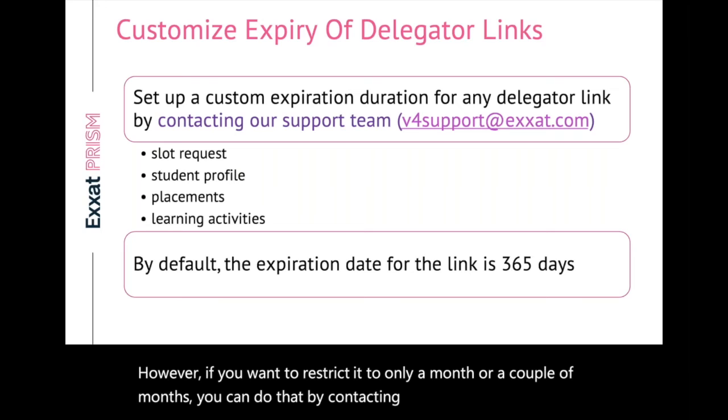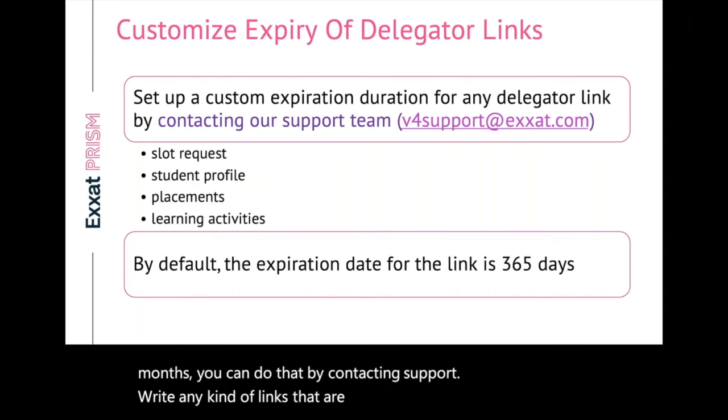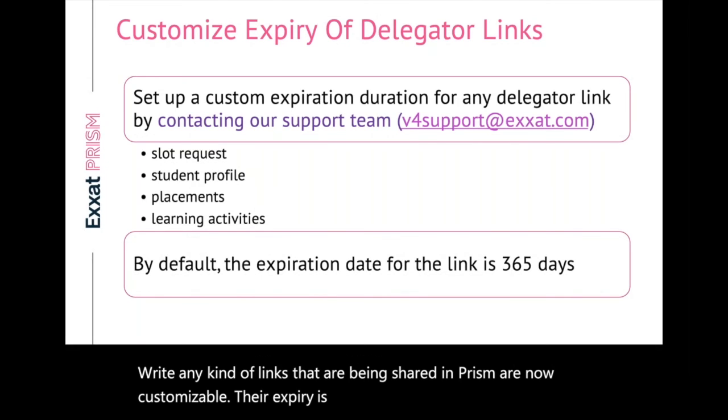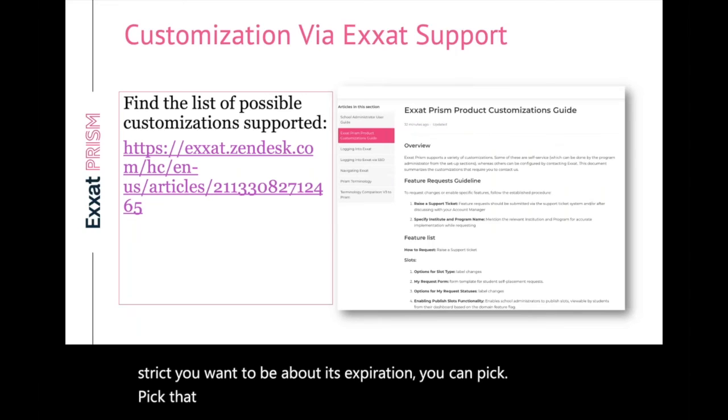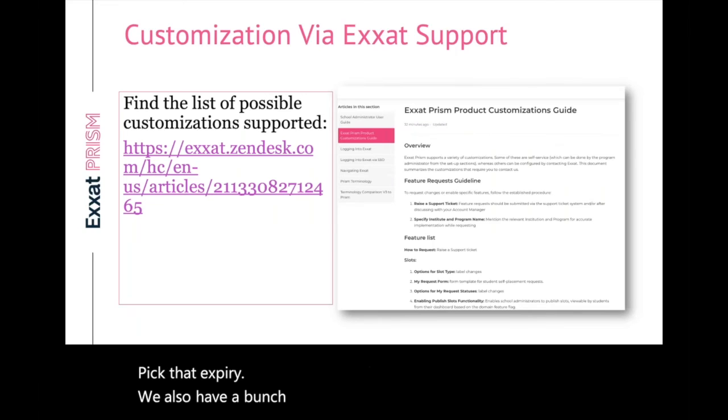Any kind of links that are being shared in Prism are now customizable. Their expiry is customizable. So depending on how strict you want to be about its expiration, you can pick that expiry.